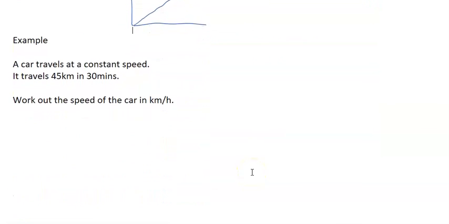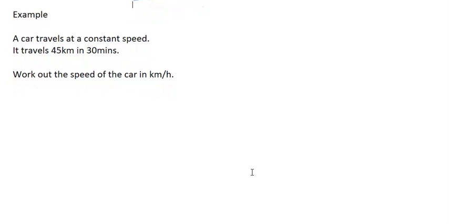Let's have a look at this example. So a car travels at a constant speed. It travels 45 kilometers in 30 minutes. Work out the speed of the car in kilometers per hour. So we want to know per 1 hour. If we've got kilometers and hours, here we have 45 kilometers, but we only have half of an hour in that 30 minutes.